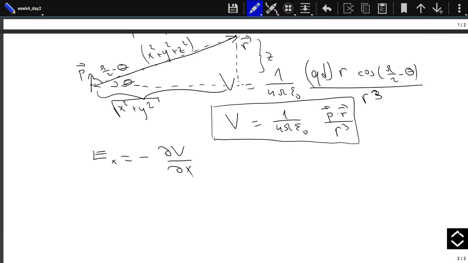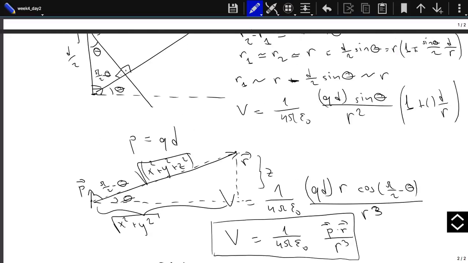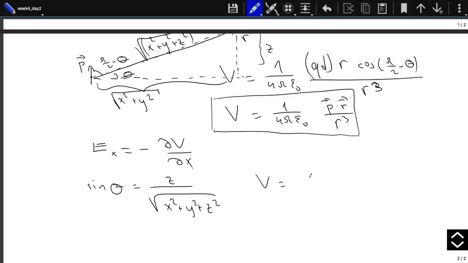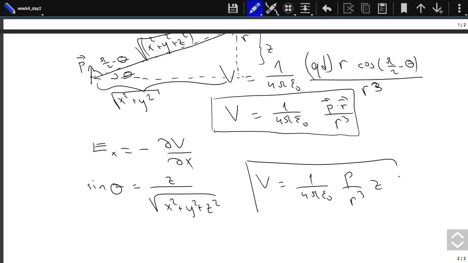So sine of theta is equal to z over, no, this is square root. Square root of x squared plus y squared plus z squared. So this is our V. V is equal to 1 over 4 pi epsilon 0 p over r cubed times z.